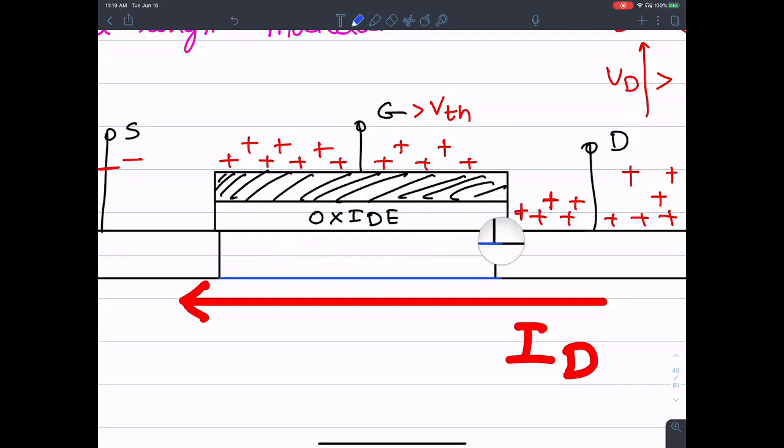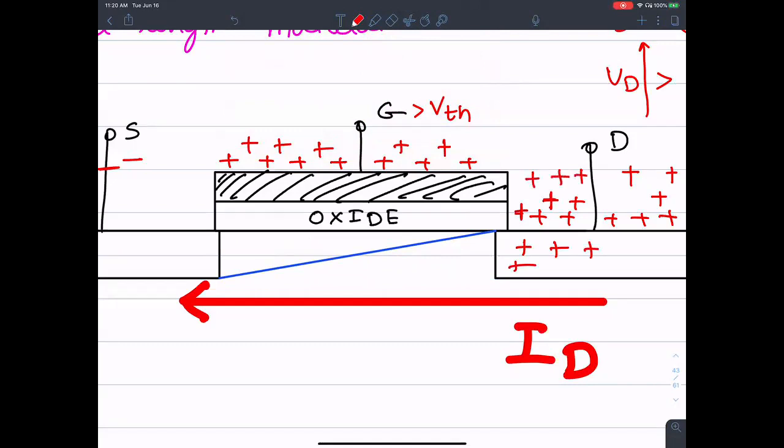But instead of being a full straight channel like this, it has a profile because of the extremely high positive voltage on the drain. Does that make sense? So if I further increase the drain voltage, the channel is going to become shorter and shorter.